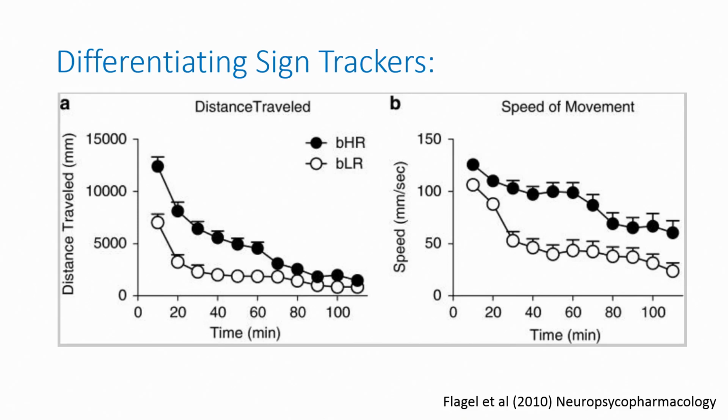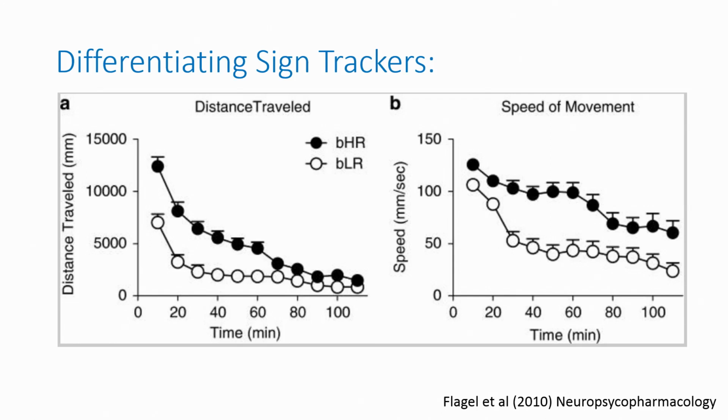More specifically, Flagel et al., a group headed by Huda Akil at the University of Michigan, did this experiment wherein they took those animals that are highly locomotor active, and we talked about inbreeding them within themselves and generating a breed of rats that are really high responsive.